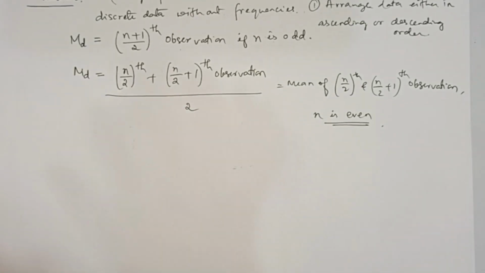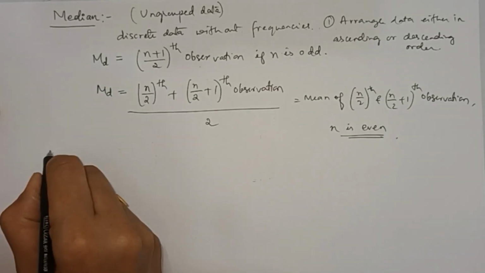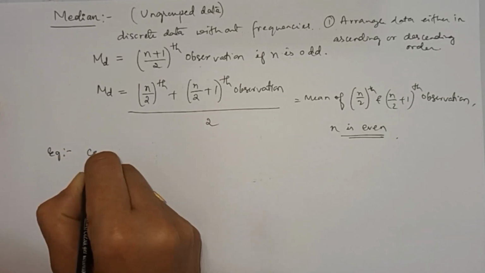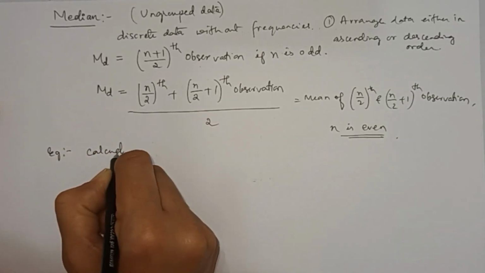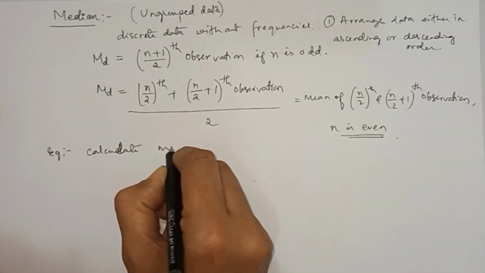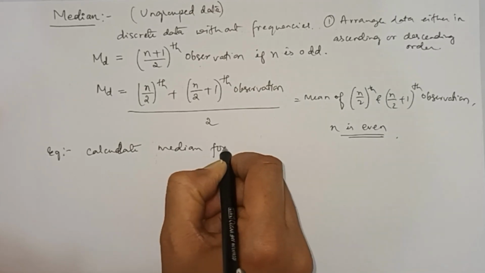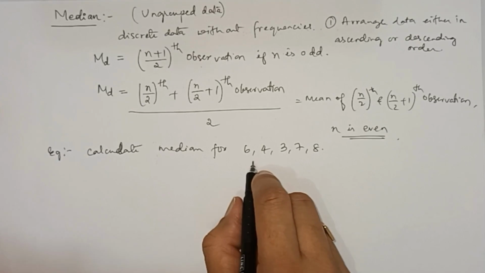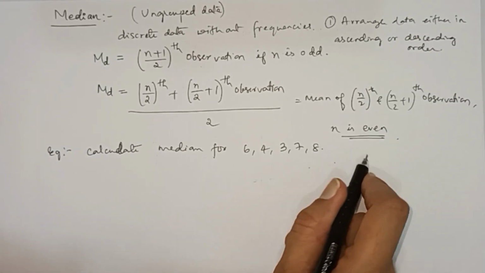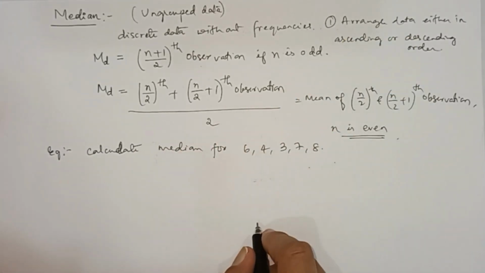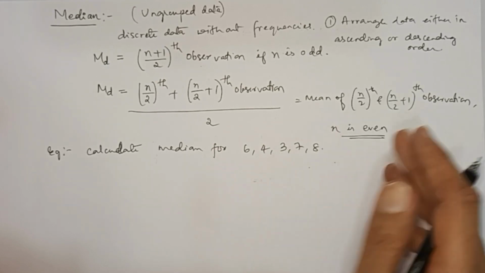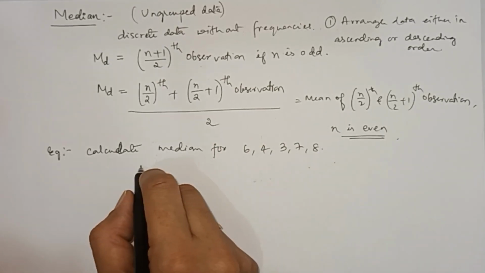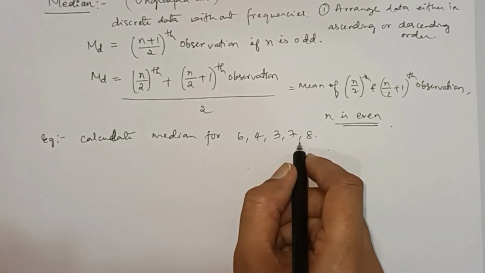Now consider examples. Calculate median for the following data. Data is 6, 4, 3, 7, 8. This is discrete data without frequencies. So the first step is to arrange the data in ascending or descending order. I am going to arrange it in ascending order, increasing order.